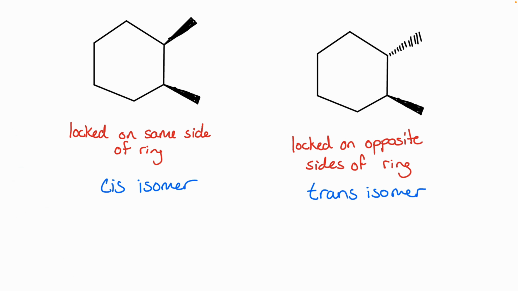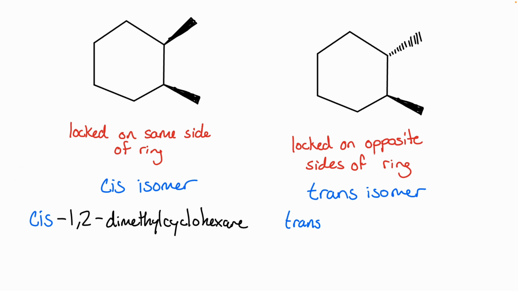So this we would call, and we put it out front with a dash, cis-1,2-dimethylcyclohexane. And this would be trans-1,2-dimethylcyclohexane.